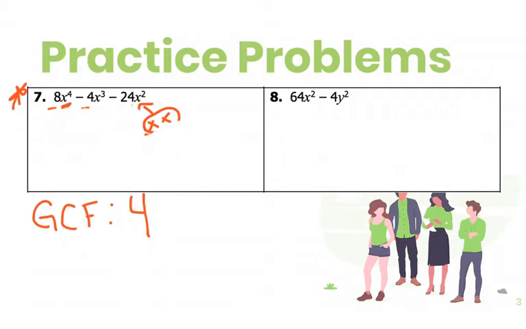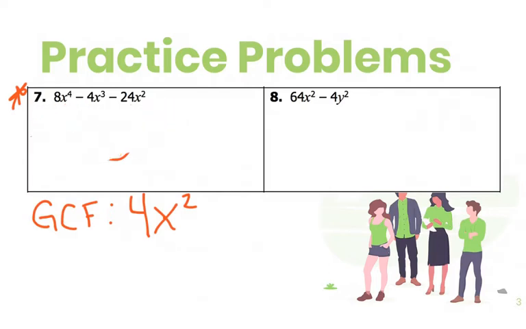All right, so this one is 1, 2, 3, 4, and this one is 1, 2, 3, right? So I can circle 2 of them, right? So my GCF is going to be 4x squared. And remember, GCF, that F stands for factor.